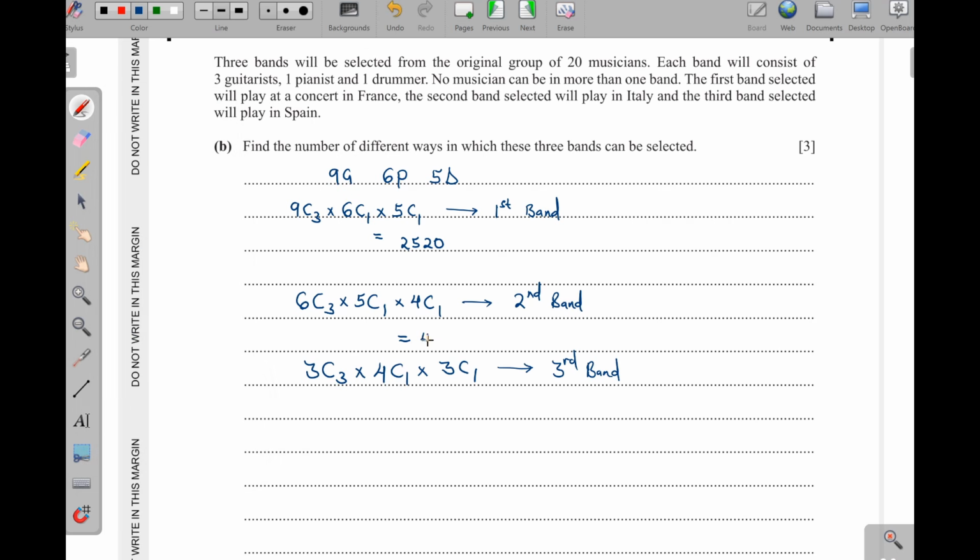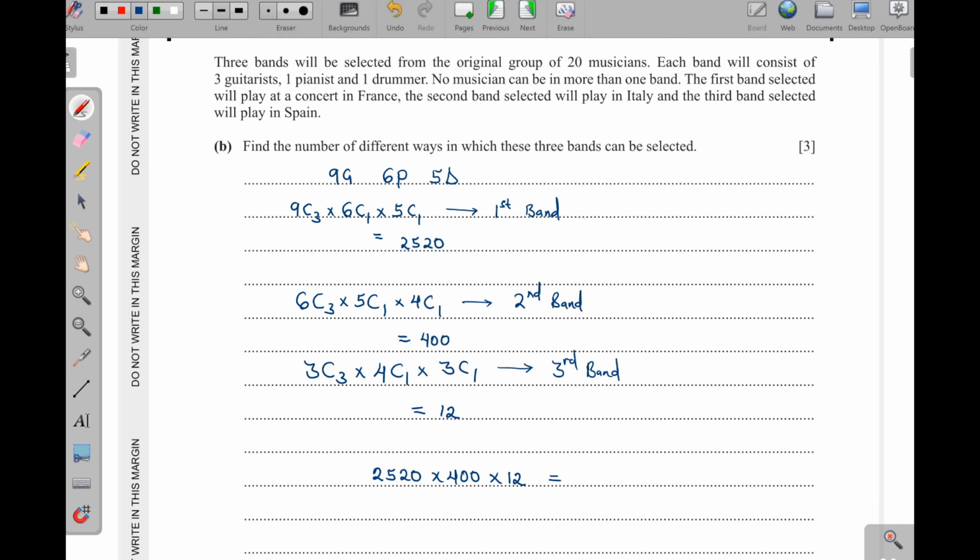That is 400. And then here we have a 1 times 4 times 3. What do we get? That is a 12. So then our final answer will be that 2520 times the 400 times the 12.